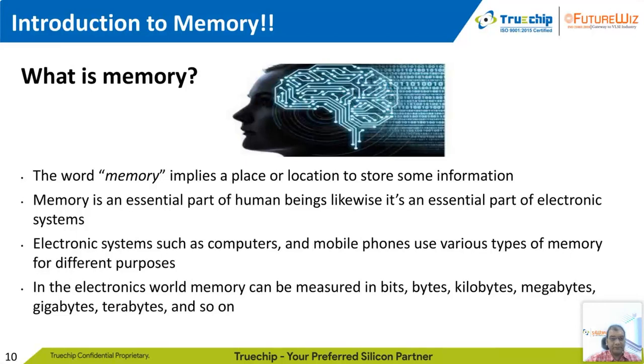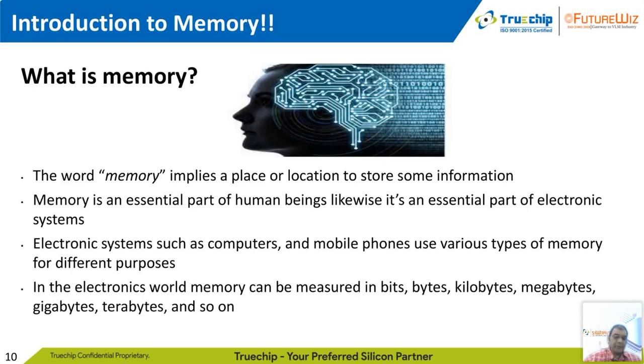So here we change gears and look at memories. So what is a memory? A memory implies a place where you store information. In the electronics world, where you store information is more appropriate.